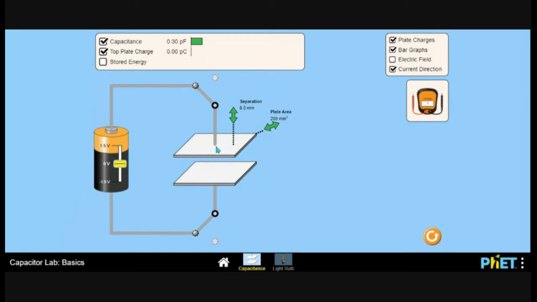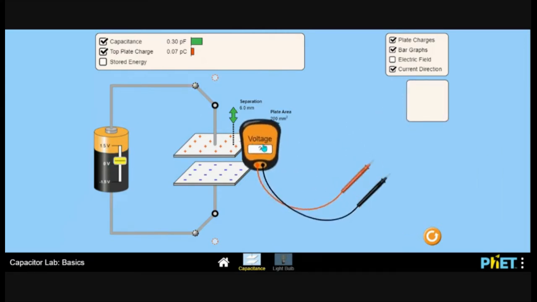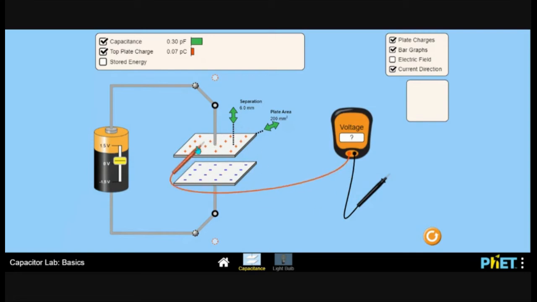So notice that there are no electric charges on the plate yet. They are separated at a certain distance, 6 millimeters, with a square surface area of 200 millimeters square. If we apply 1.5 volts, so from 0, as we increase to 1.5 volts, let's measure by how much is being stored.